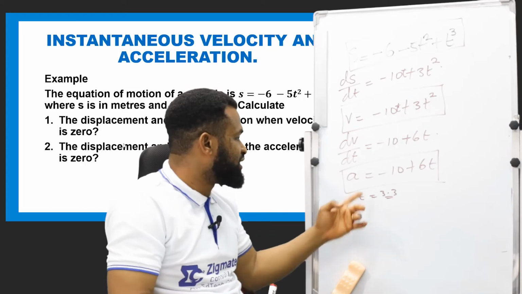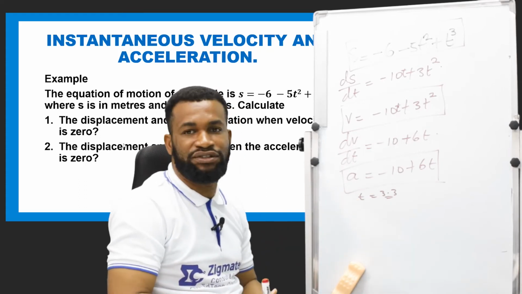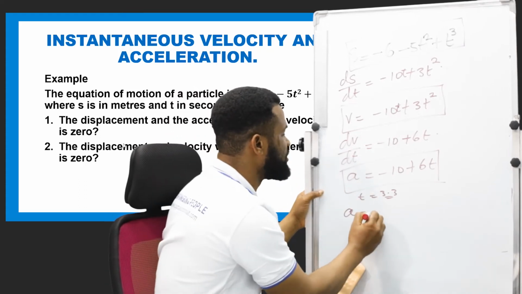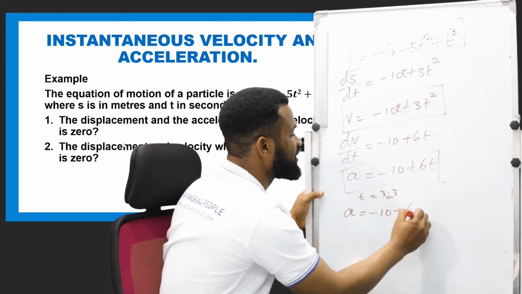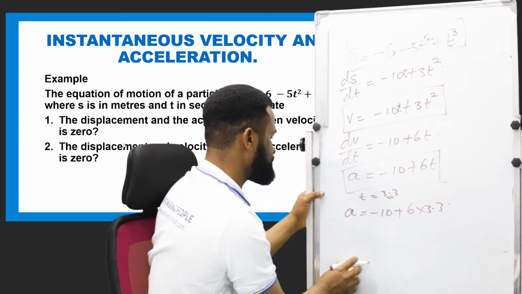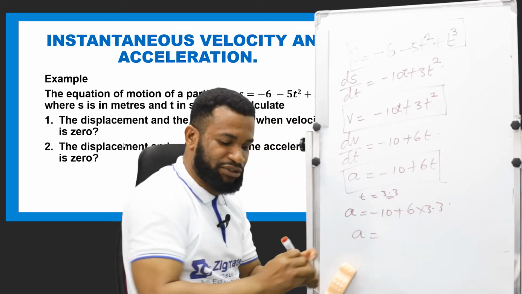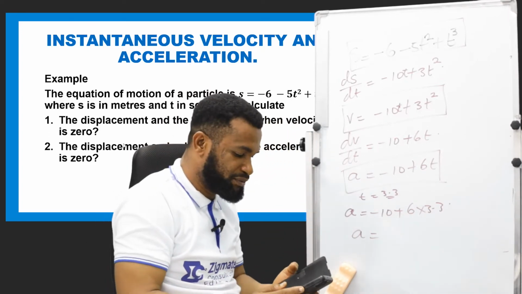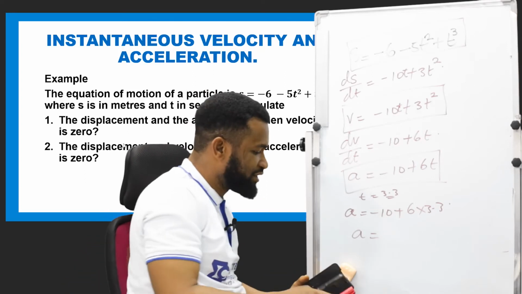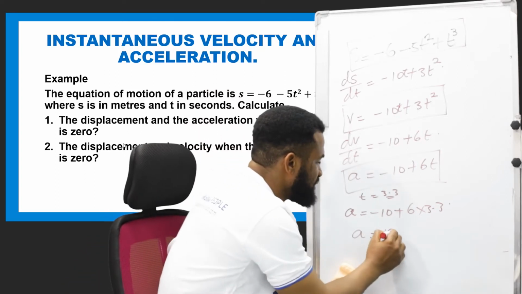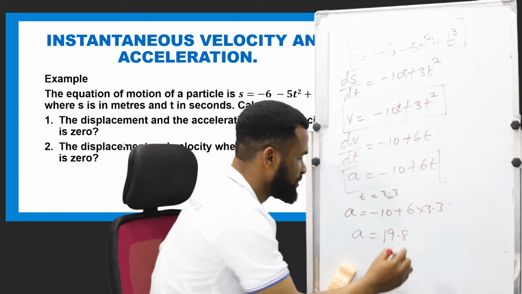So I'm going to find the acceleration at the time when velocity is 0. Acceleration is going to be minus 10 plus 6 times 3.3, which is 6 times 3.3 is 19.8, minus 10.